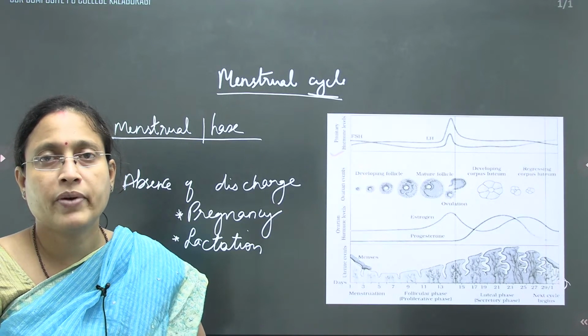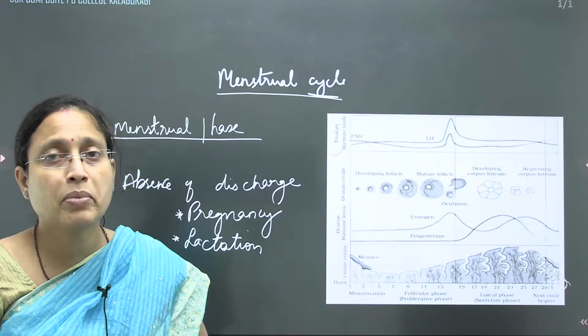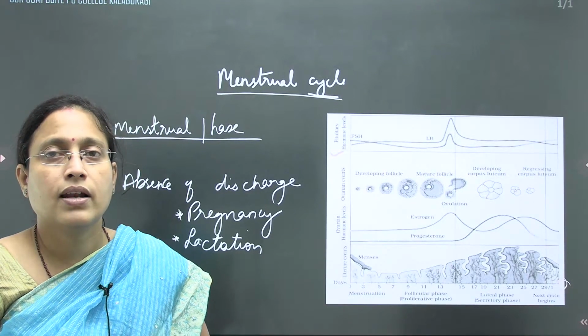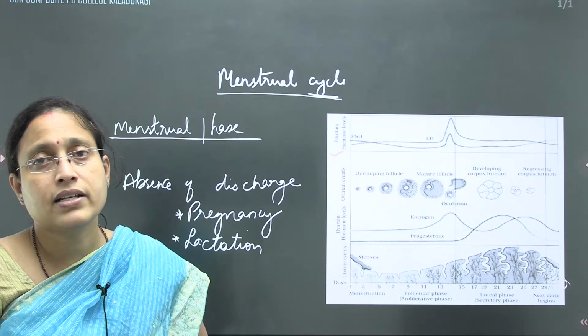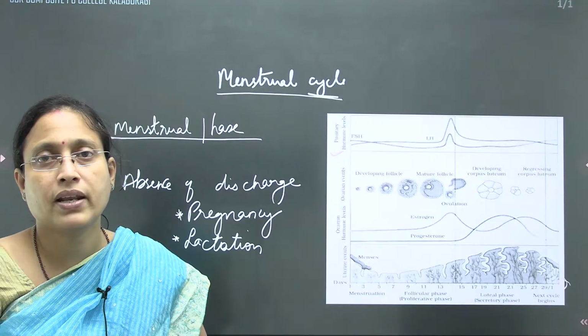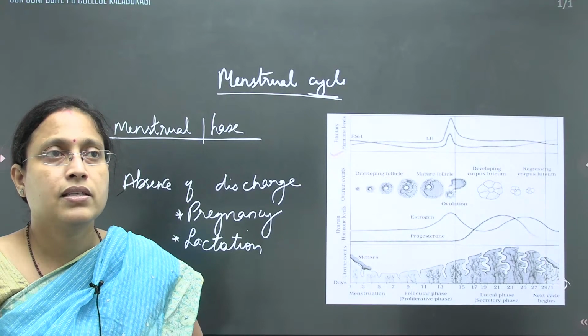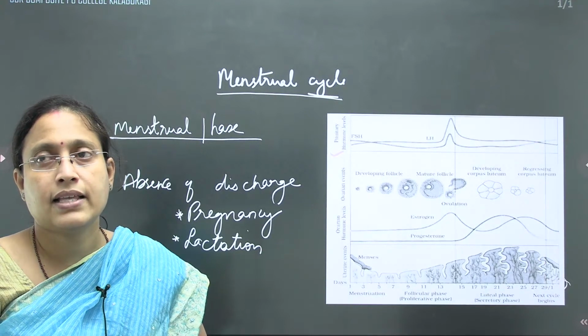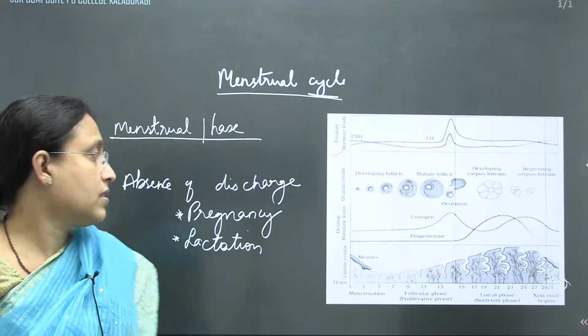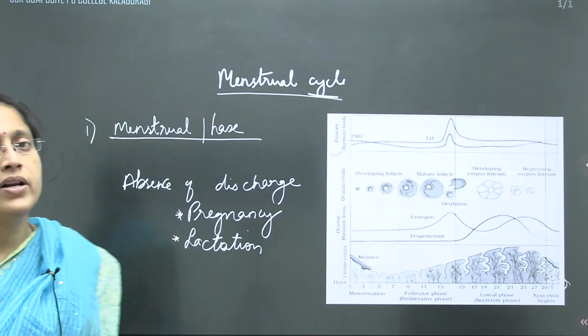It begins after parturition, after delivery. During this period prolactin is present and gonadotropins are suppressed. As a result, there is no discharge.